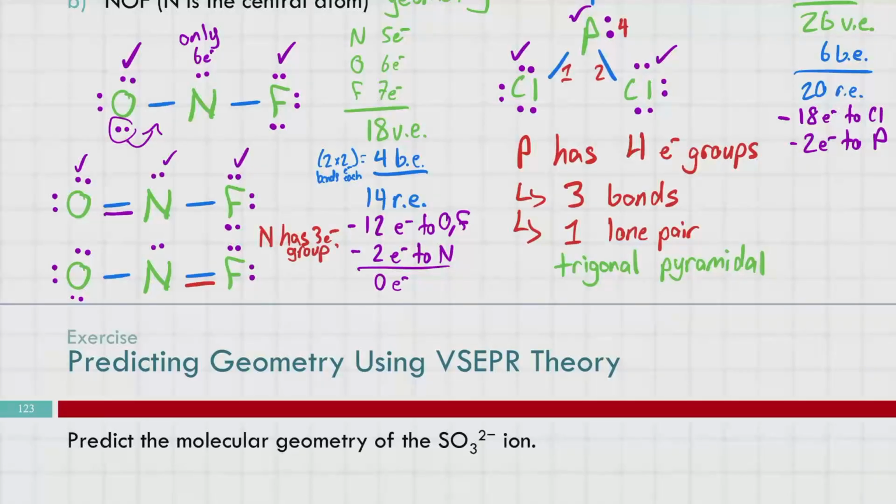electron groups. How many bonds, how many bonding groups does it have? 2 bonding groups, because a double bond also counts as one in this case. So it's got 2 bonding groups. And how many lone pairs does it have? 1. 1 lone pair.